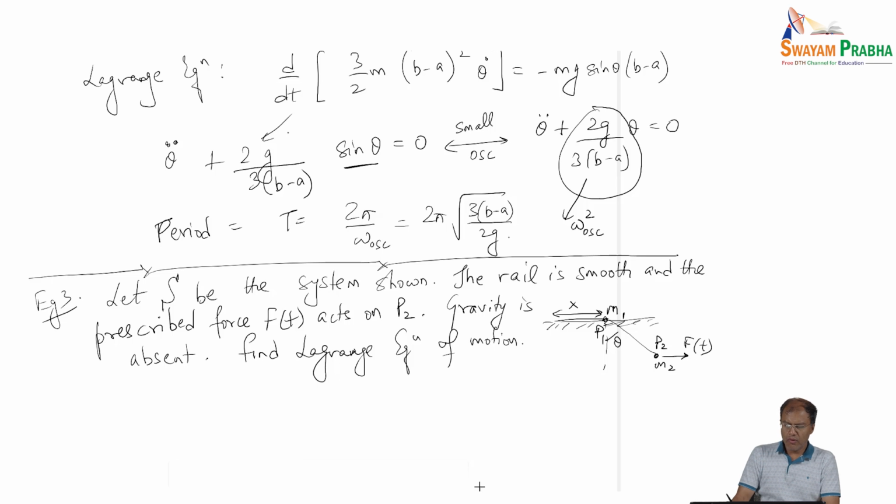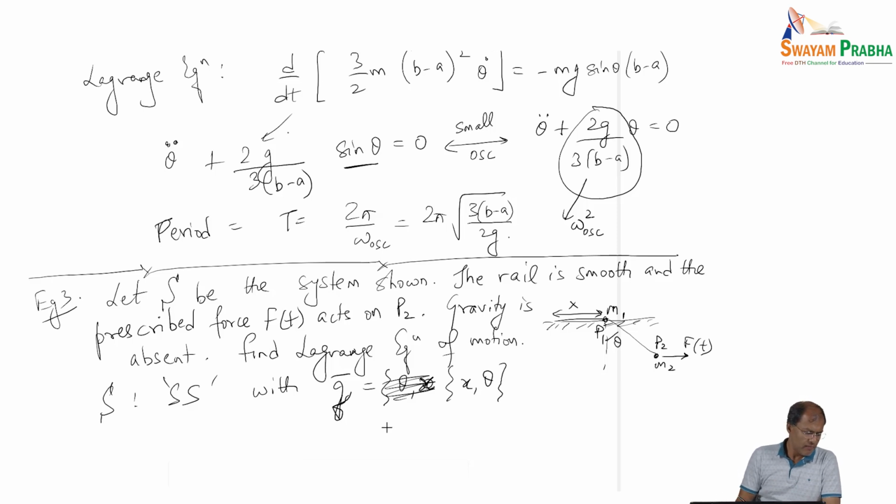Again our geometric intuition tells us that there are two generalized coordinates: the horizontal variable x, that is the displacement of the first particle, and the angular displacement of the second particle theta. So S is a standard system with generalized coordinates q given by x and theta.